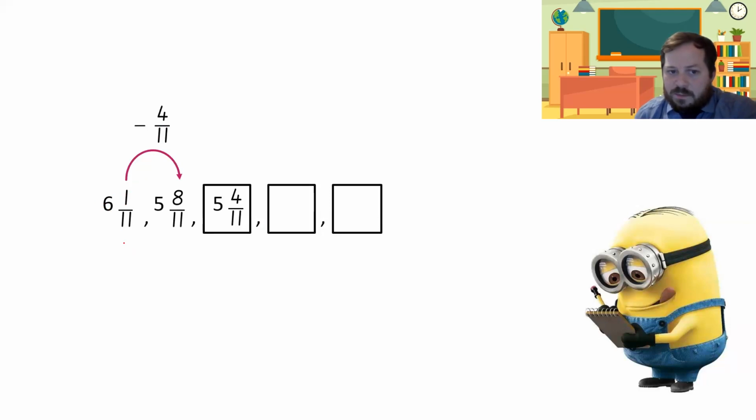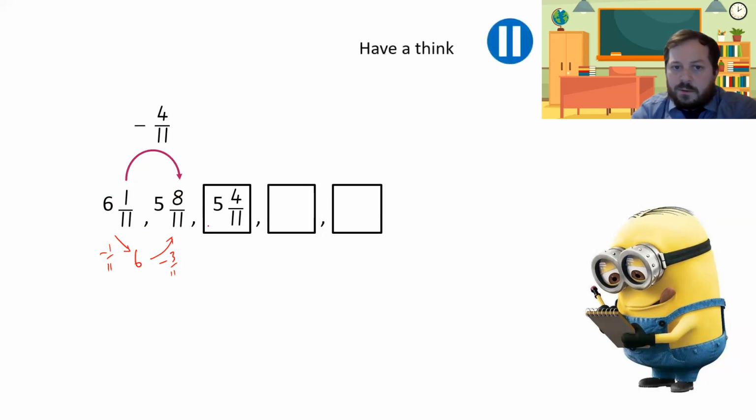So like I said before, one way to do it would be, okay, so I've got 1/11, so I'm going to have to minus 1/11 to get to 6 to begin with. Then I still need to take away, I've taken away 1, I need to take away the further 3, and that gets me down to 8/11. So you're kind of going through the integer in order to get your next number, or you could use a diagram.